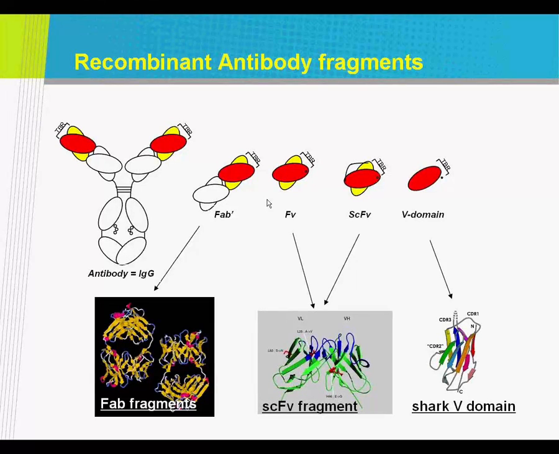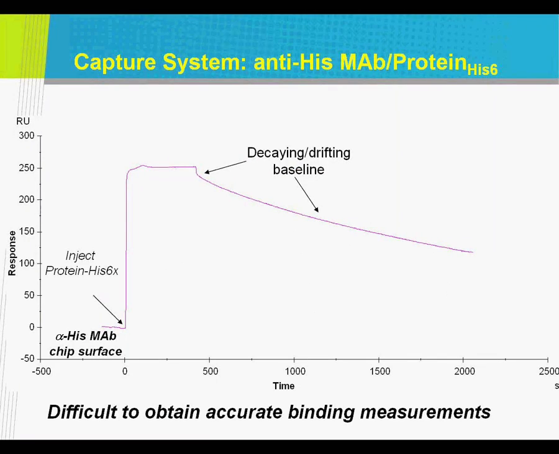We then injected our protein and captured it on the surface. But what we always noticed with some of these tags was that they were coming off the surface very quickly. And if you get a chip like that, it's pointless trying to inject your antigen and hoping that you end up getting a good, accurate kinetic analysis.